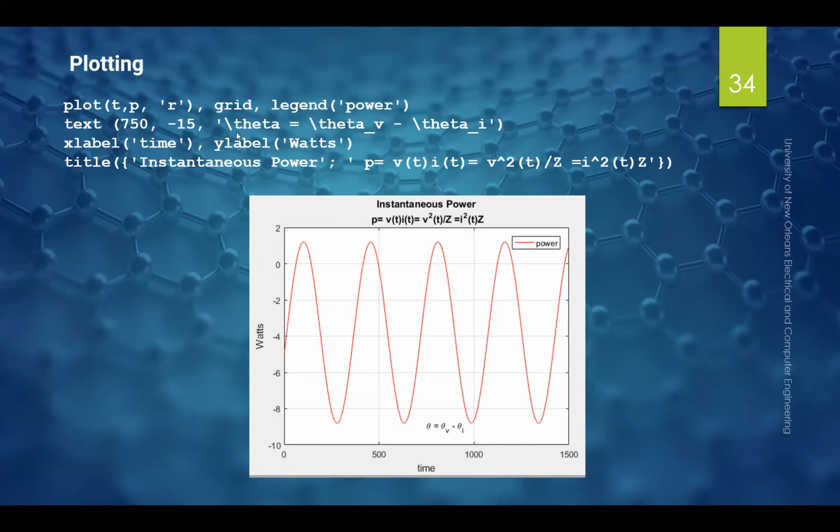And then, of course, like we said before, we can use Greek letters, and to use Greek letters, you use the backslash. And in this case, I'm saying theta equals theta_V minus theta_I. And again, I'm using two of the things I mentioned in the previous slide. One is to use Greek letters, I'm using the backslash, and to use the subscript, I'm using the underscore, as you can see right here.